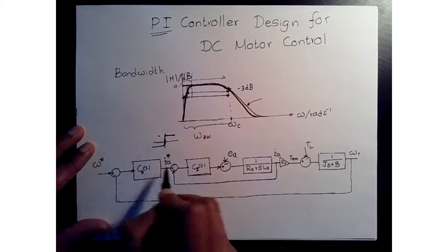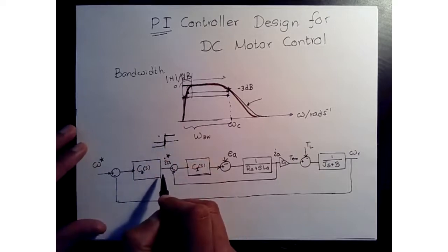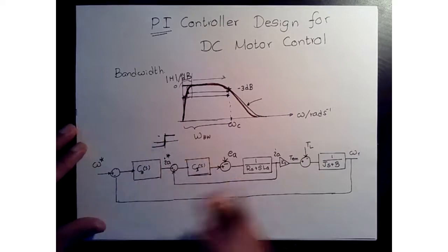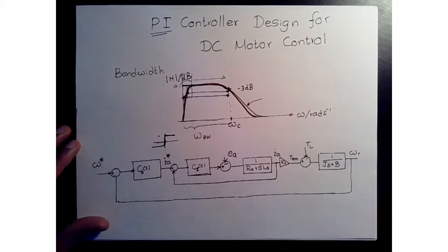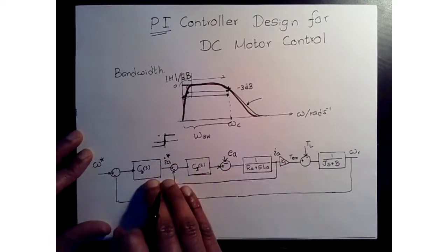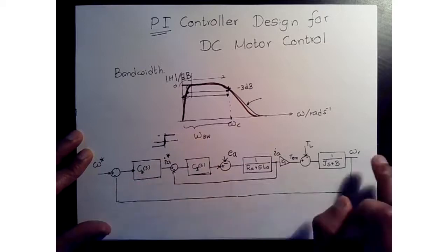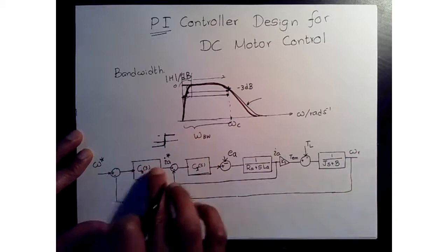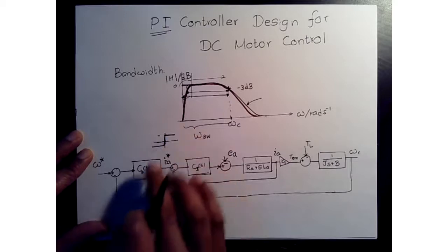They basically clip your current command at a certain value, because we don't want to set the current reference beyond the capability of the motor. If we do, it'll still try to reach that current in order to meet the command from the speed reference.